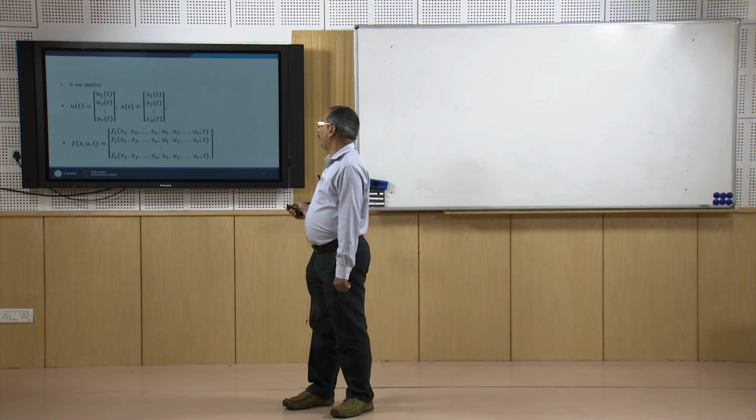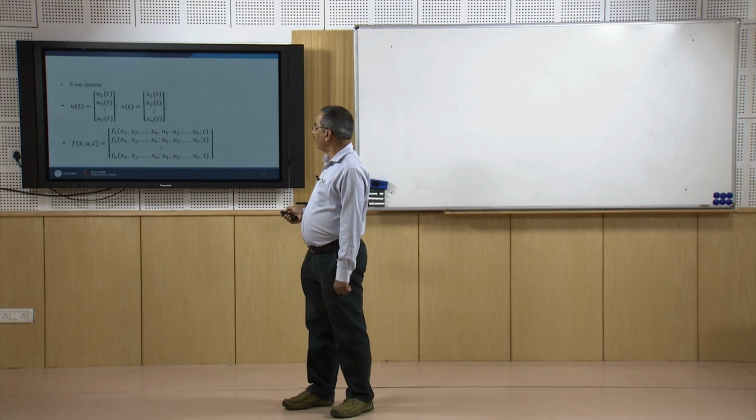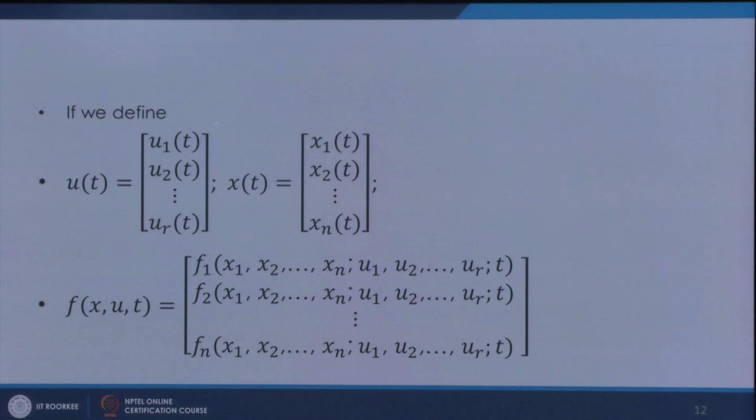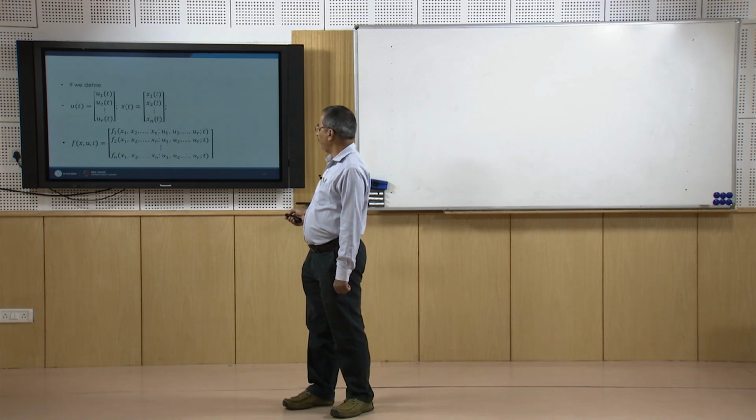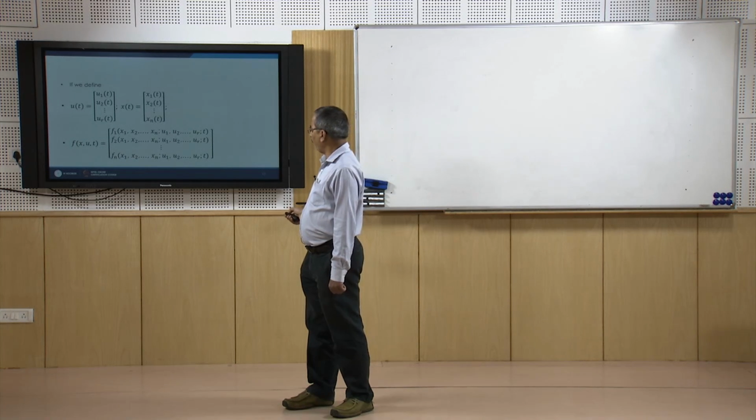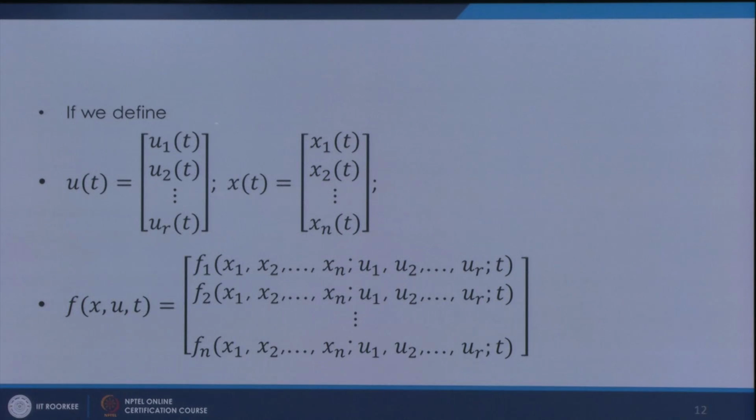Now, if we define u(t) as u1, u2, ..., ur, that is the input vector, and x(t) as the state vector x1(t), x2(t), ..., xn(t), and f(x, u, t), if I define it like this, with f1 as a function of all states, all inputs and time, likewise f2 up to fn.